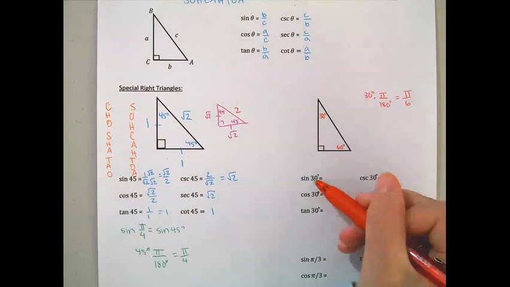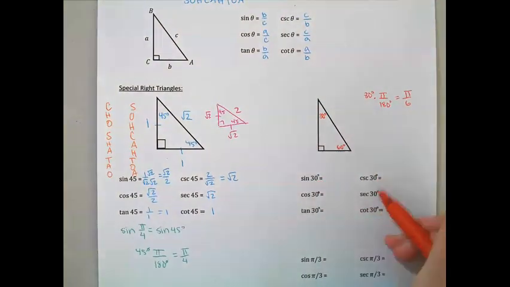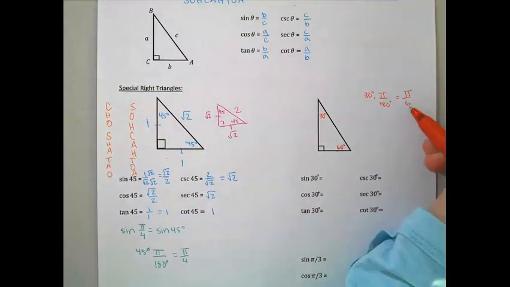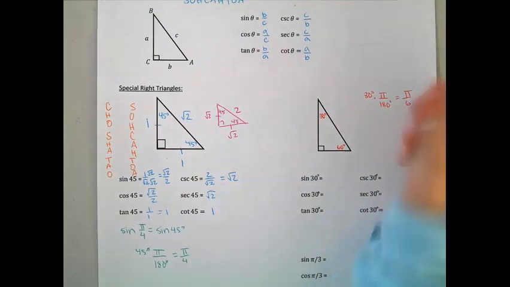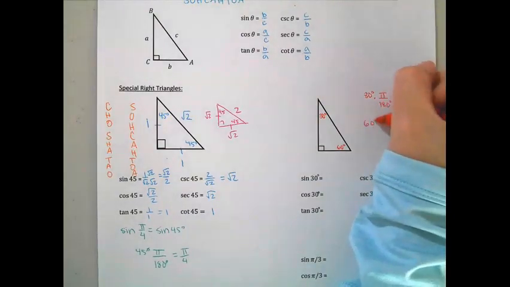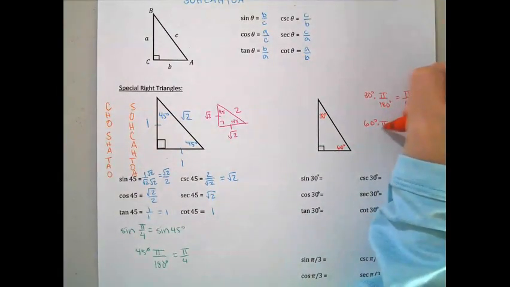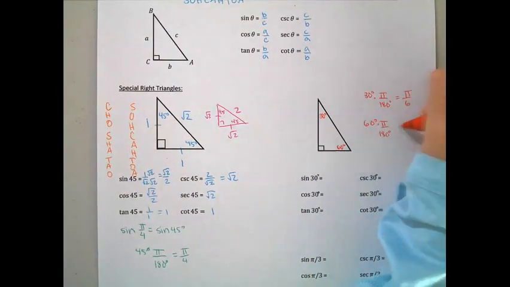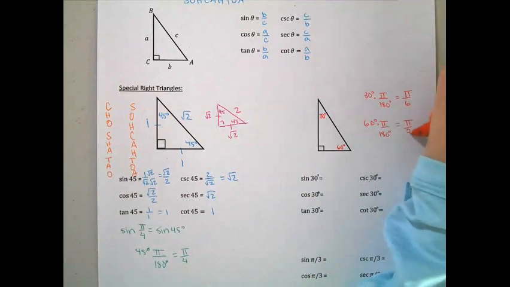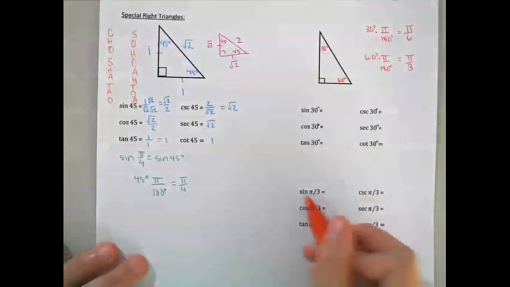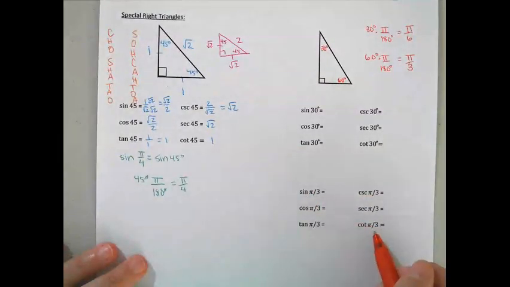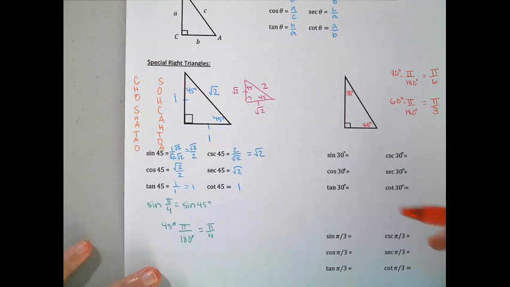So all of these 30 degrees could be replaced with pi over 6 and would mean the same thing. Similarly, 60 degrees in radians, when you multiply by pi over 180 degrees, you get pi over 3, which you can see down here. And this is all the same thing as if they were actually 60 degrees.